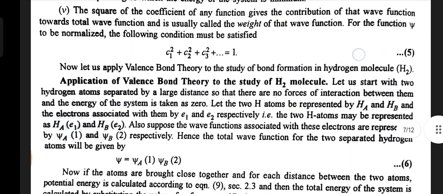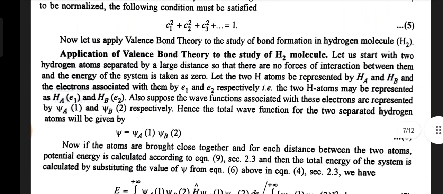Now let us apply valence bond theory to the study of bond formation in the H2 molecule. Application of valence bond theory to the study of the H2 molecule. Let us start with two hydrogen atoms separated by a large distance so that there is no force of interaction between them and the energy of the system is taken as 0.